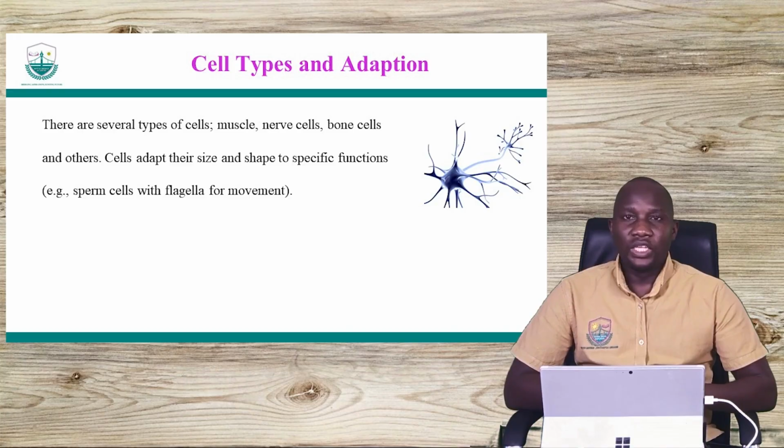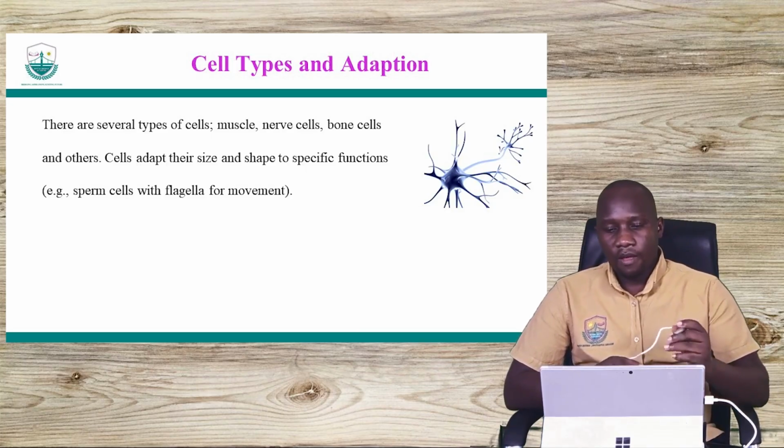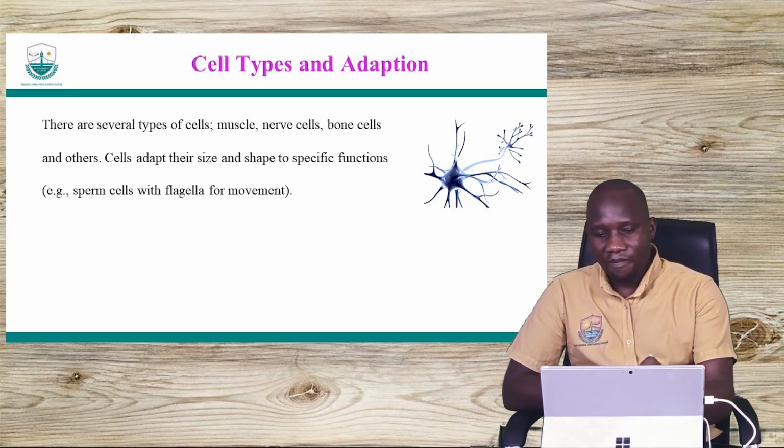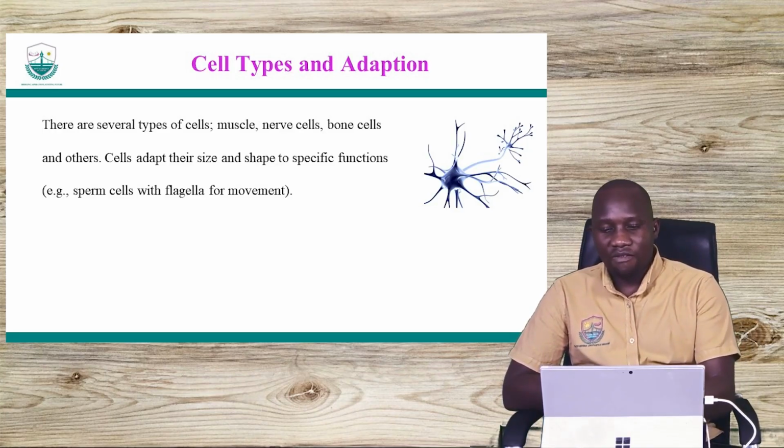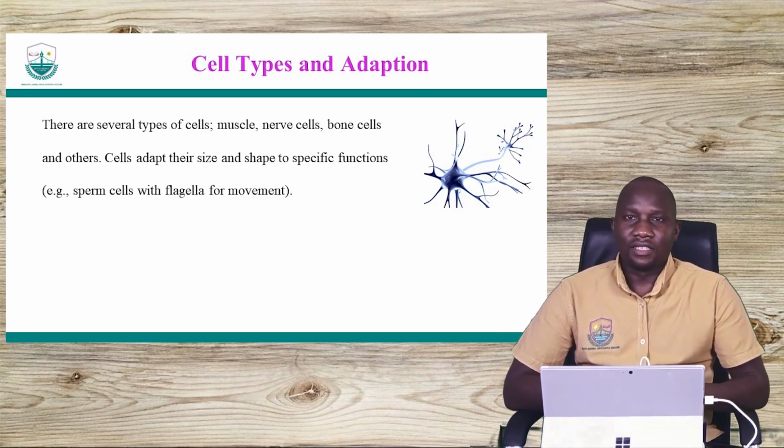Now this is where we introduce 2 main types of cells, what we call the prokaryotes and the eukaryotes, or the prokaryotic cells and the eukaryotic cells. These ones here are the less advanced, lower cells. These ones are the advanced cells.